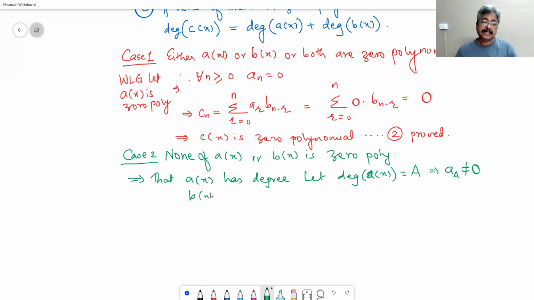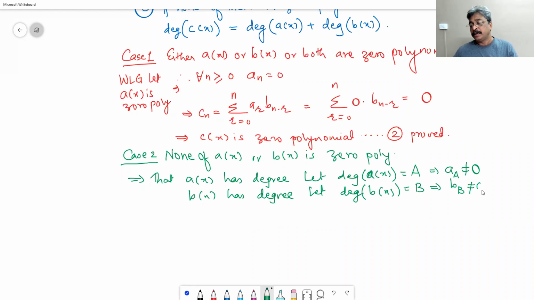Let the degree of b(x) be equal to capital B. What does it imply? b_B is not 0. The leading coefficient is not 0.